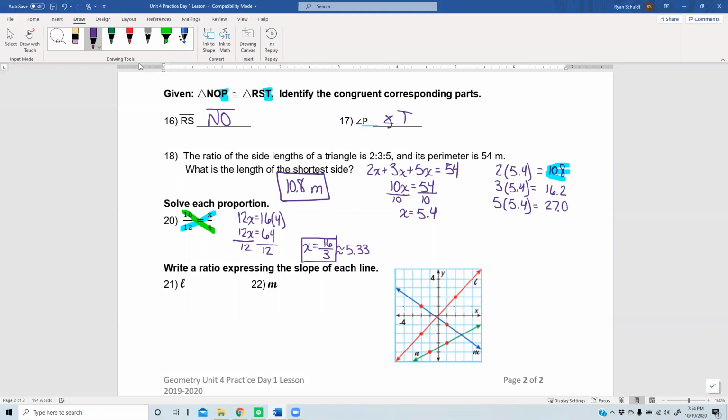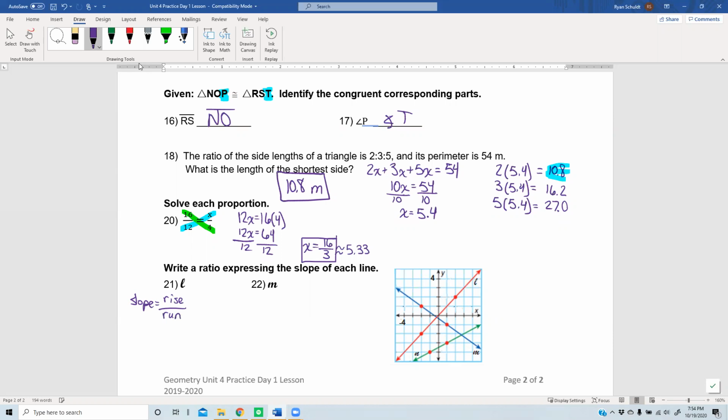And the last two, we're asked to find slope. So first they ask us to find the slope of line L. Remember, slope is rise over run.